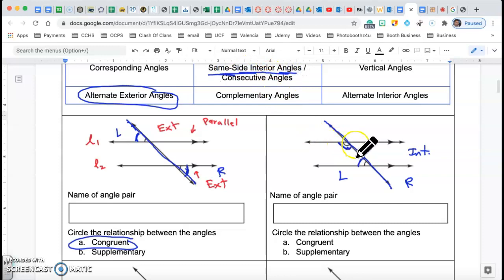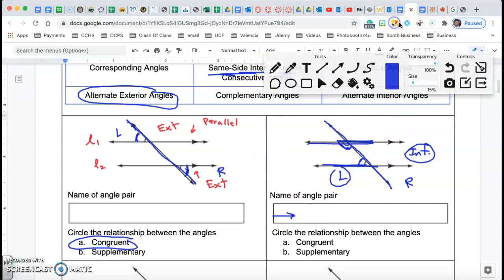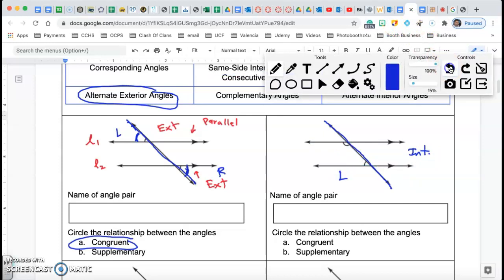They're on the same side because they're both on the left side, and they're in between the two lines, therefore they're interior. That's the name that goes here. Now, just by using common sense, we can understand that those two angles don't have the same measure. They don't look the same. These two on the left look the same. If they look the same, they're congruent.